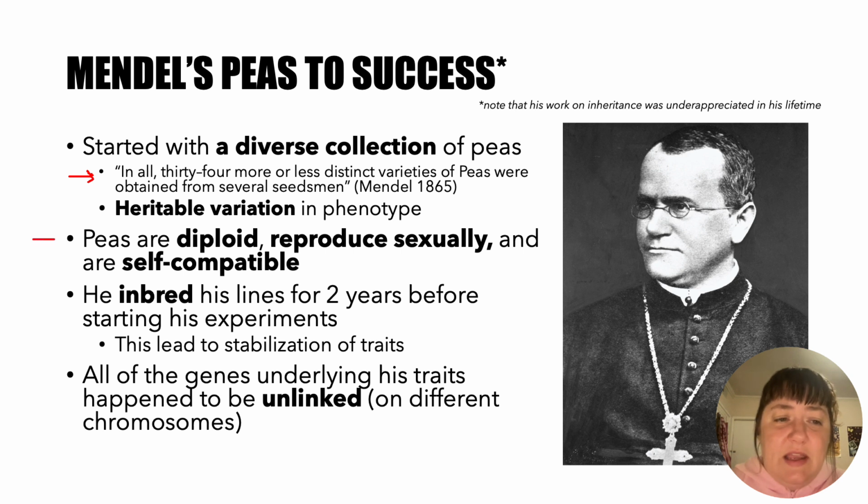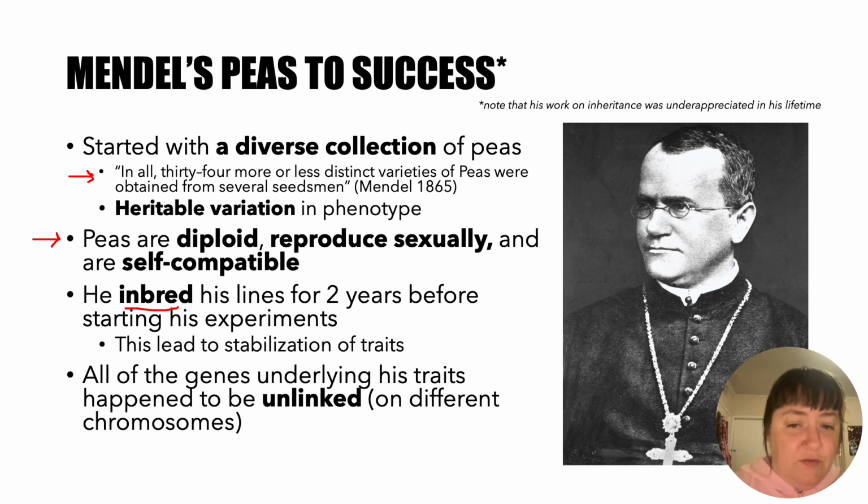He was pretty lucky that peas are diploid, so they only have 2 copies of each gene instead of having more, like some plants do. That they reproduce sexually, and that they're self-compatible. Those were all important for his experiments to work. And then something that he did, which helped a lot, is that he took those diverse lines and he inbred those lines for 2 years before starting the crosses. So he just crossed them to themselves, and he really wanted to see a stabilization of traits.